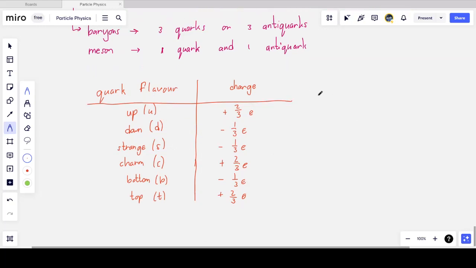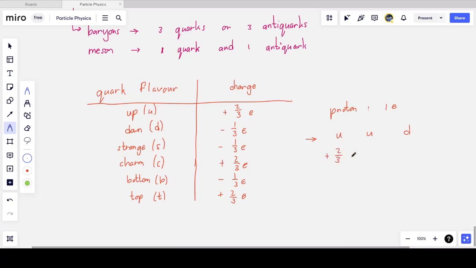And so let's do an example. Let's use the example of a proton. Now, a proton's total charge is positive 1e. It turns out that a proton, if we break it open, is made from 2 up quarks and 1 down quark.